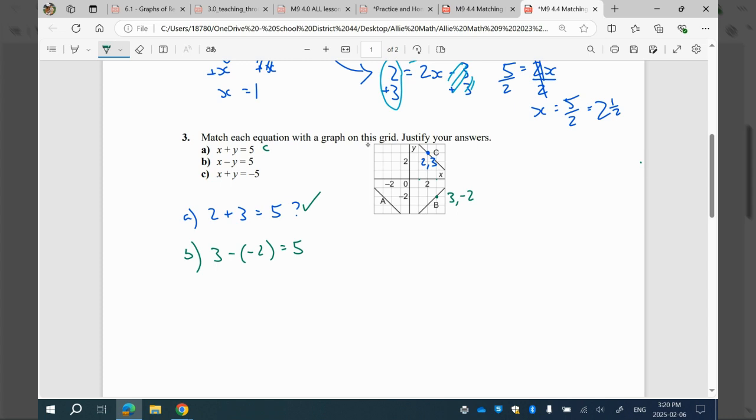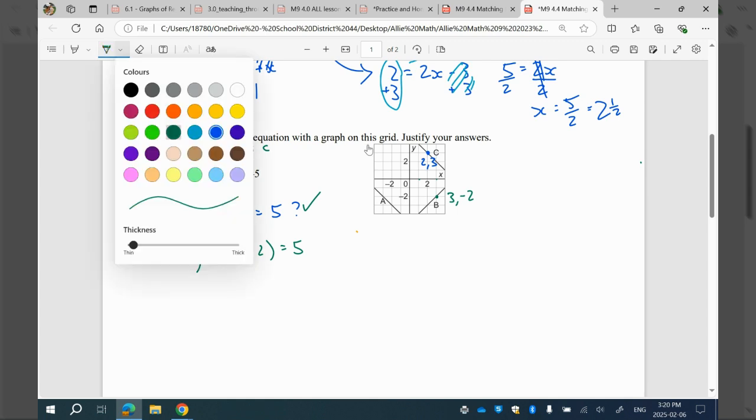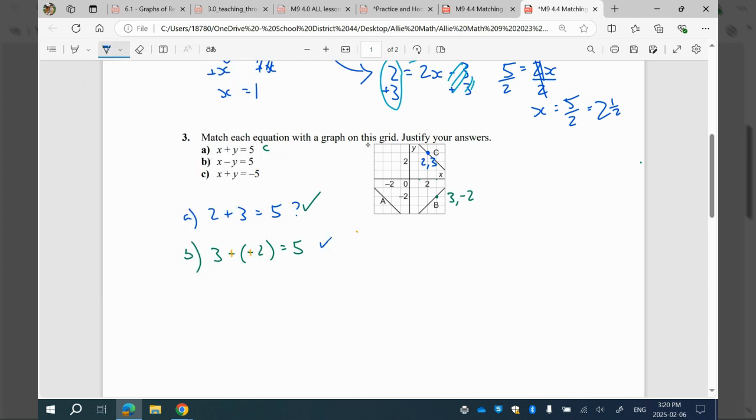Remember, subtracting a negative is like adding a positive. It does seem to be true that 3 plus 2 equals 5. So I think we've done it again. I would say this one here is line B. But for curiosity's sake, let's check the next one. Could it be true that 3 plus negative 2 equals 5? No, that doesn't seem to be true for that line.